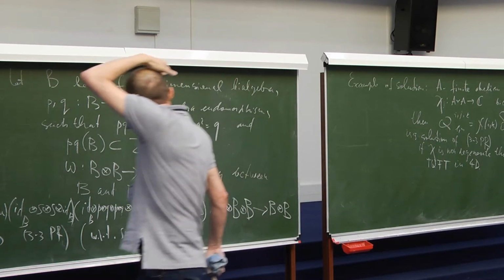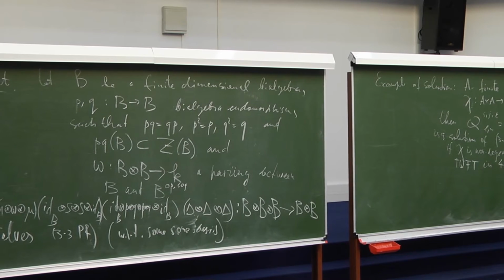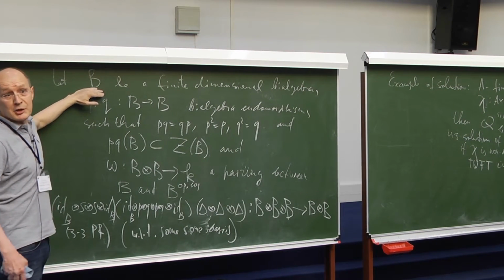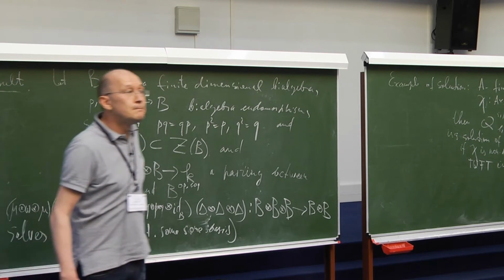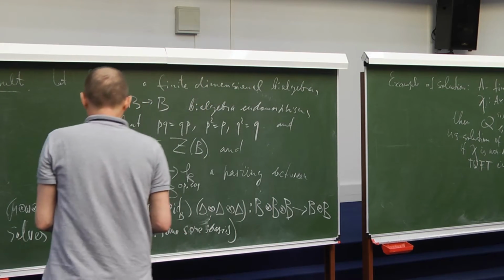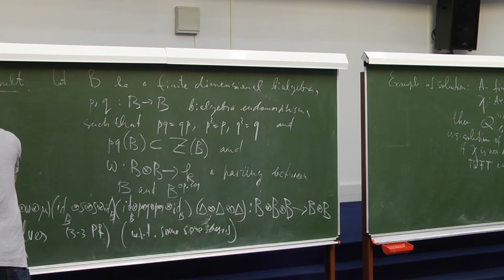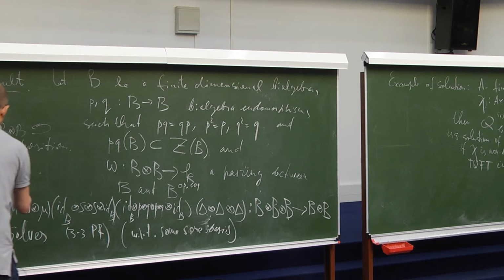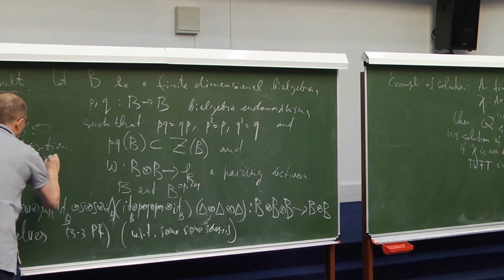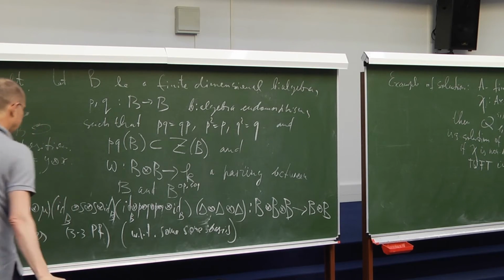Here, there is no restriction whatsoever on the bialgebra. It can be non-commutative. S is a permutation, a transposition: S of x, y equals y and x.